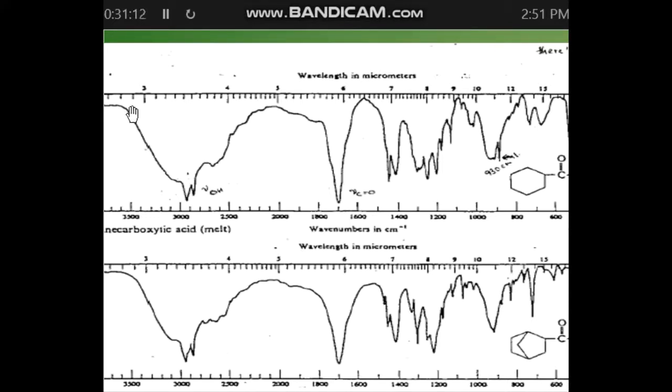If you see a broad band along with the C double bond O stretch, you might have a carboxylic acid functional group. And also the carboxylic acid OH frequency will be from 2400 to 3300.